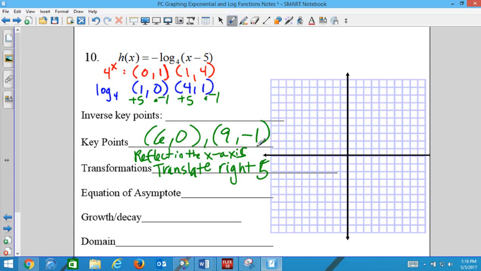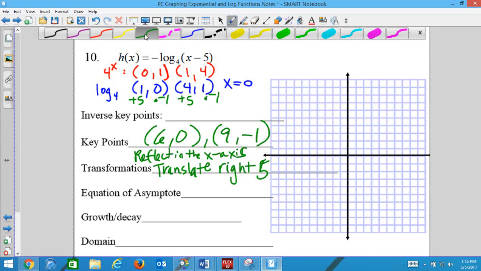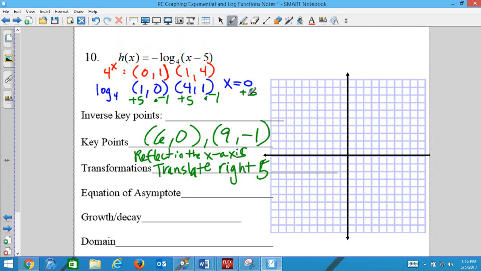And then what about the asymptote? Since it was originally at x equals 0, and we added 5 to all the x's, you have to add 5 to that asymptote also, so x equals 5. So we graph a vertical line at x equals 5. Since the asymptote is just x equals, you don't need to multiply that one.